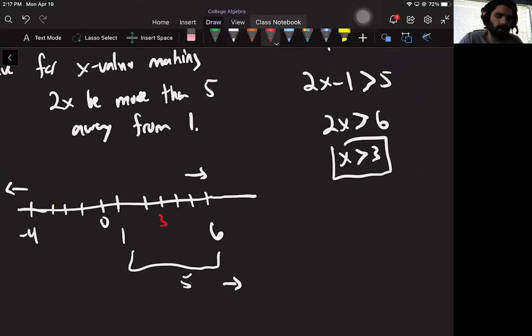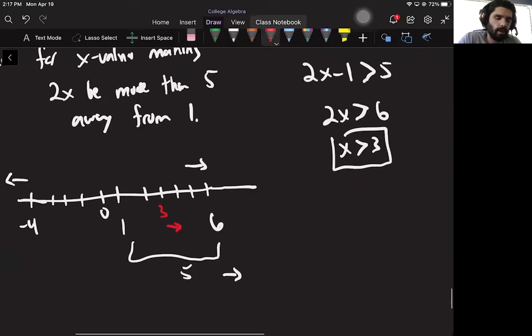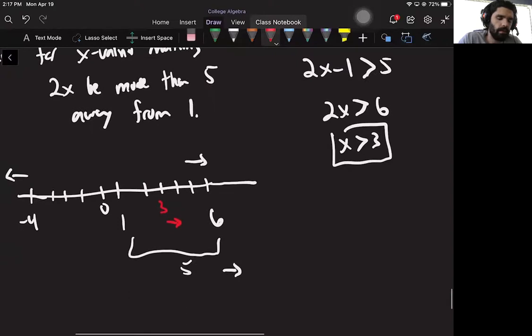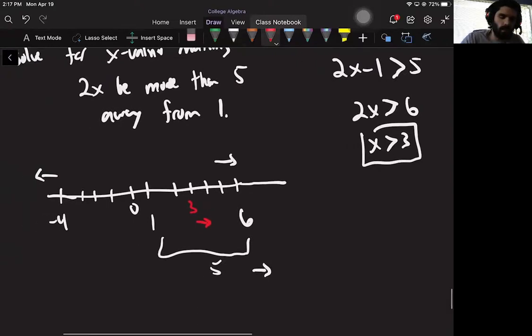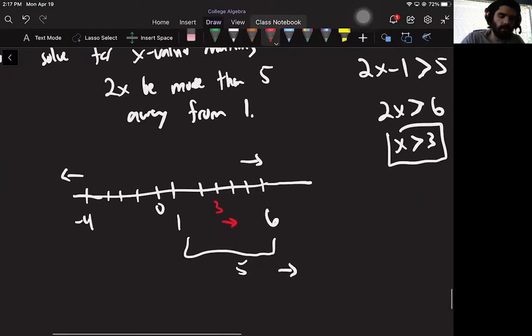And as long as x is to the right of 3, bigger than 3, then when you do 2x, it'll be at least 5 away from 1. And on the left side, things get a bit trickier because it's going to be very symmetric. So it's going to have to do with probably -1 instead of 3, just because of how everything is very symmetric.